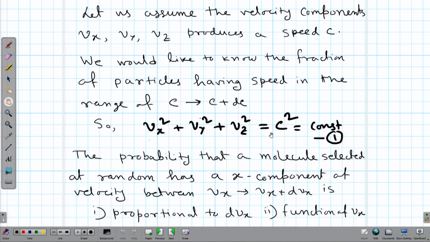Please try to recall your classical mechanics text or mathematical methods: if you have n independent coordinates and k constraint equations, the total number of independent coordinates is simply n minus k.